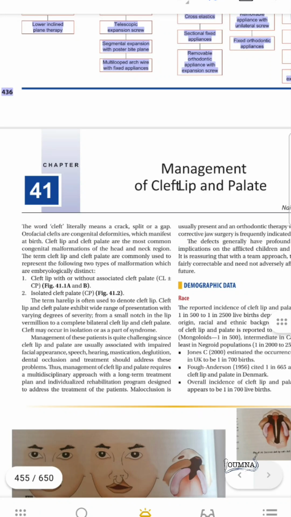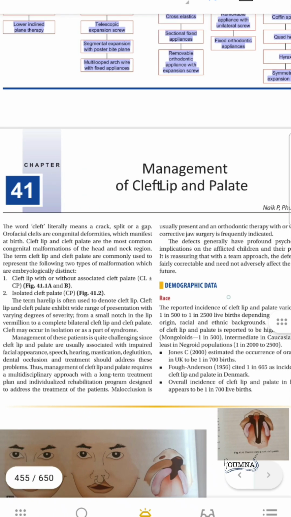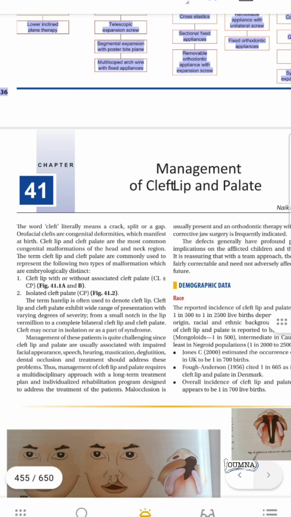Hello, in this chapter we will discuss cleft lip and palate, their etiological factors and their management. They are congenital deformities, and heredity is the main cause of them.